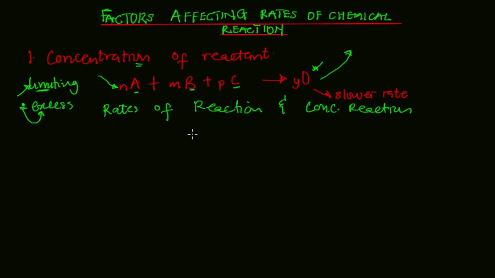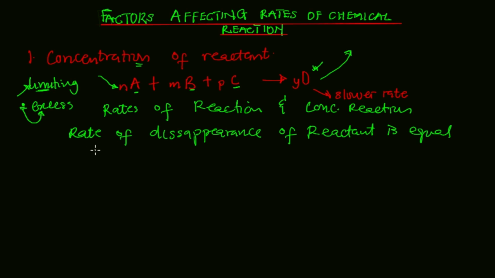Now, in that scenario, since reactants A, B, and C are going to decrease with time, we can say that the rate of disappearance of reactants is equal to the rate of appearance of products.